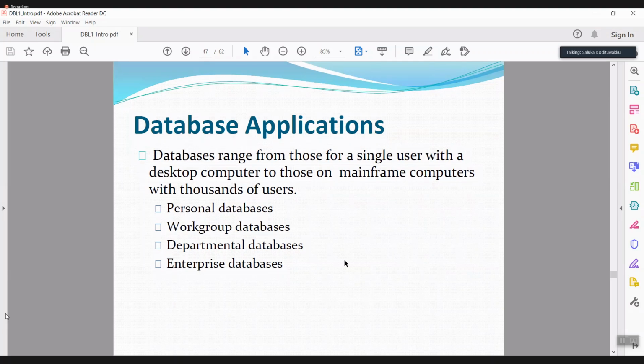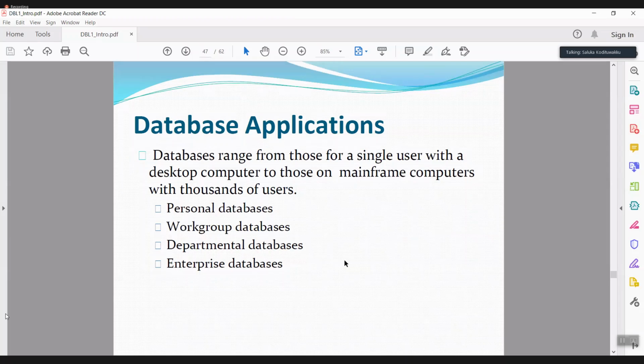So mainly this application categorization is based on the basis of creating and manipulating a particular database. The smallest database application is the personal database. The next level is known as the work group database. Going further, we have the departmental database, and finally the enterprise database.